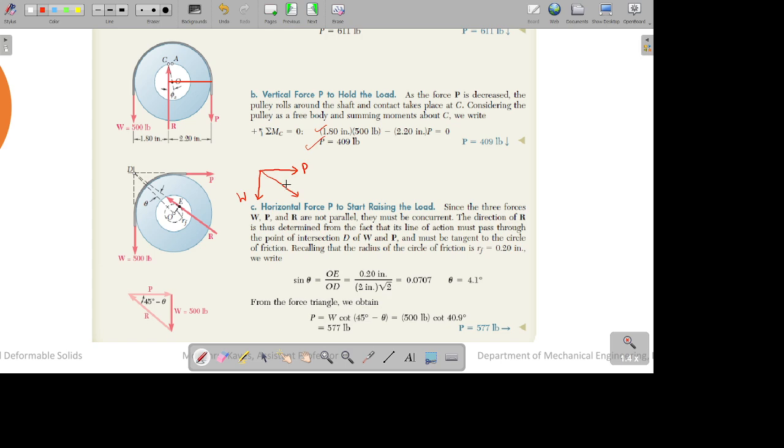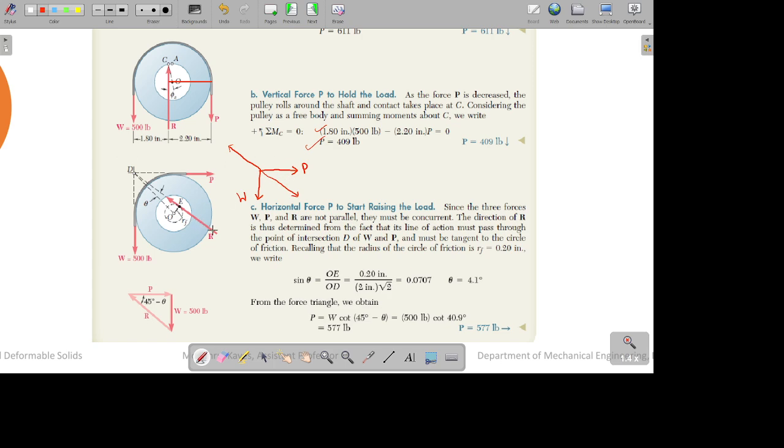So if you want to keep it balanced, in equilibrium, you have to apply the same amount of force but in the opposite direction. So the reaction force will be in the opposite direction.